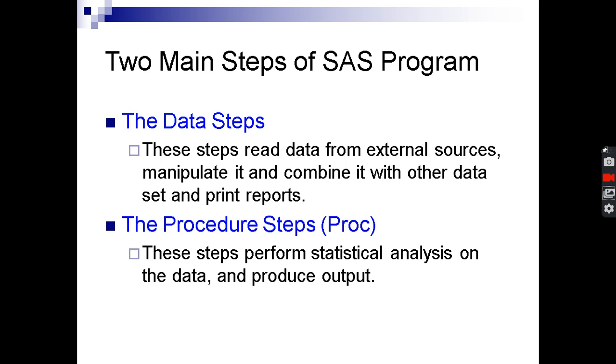The second step in a SAS program is the procedure step, which is called the proc step. In this step, you perform the statistical analysis on the data, and then you make the output. So you are doing modeling in this proc step.